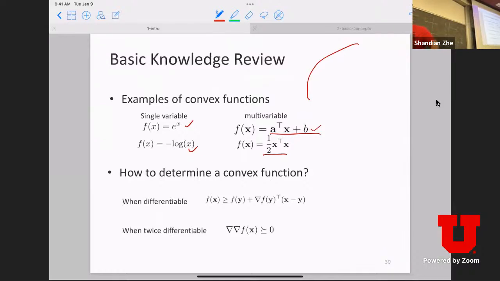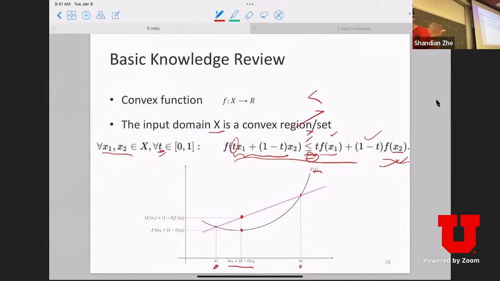So given a function, how do we check whether it is convex or not convex? Of course, we can try to prove this with the definition. If you can prove this inequality holds for general x1, x2, and t, of course you can show that.